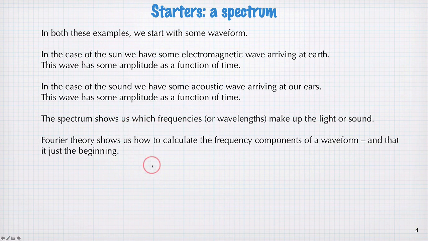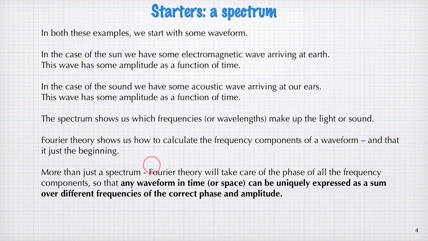So Fourier theory allows us to calculate such a spectrum, and that is really just the beginning. And as I mentioned, one thing is that the spectrum doesn't take into account the phase of all the different frequencies that go into our waveform. So much more than just the spectrum, Fourier theory will take care of the phase of all the different frequency components, and in general, this is, I hope, a succinct statement of what Fourier theory can do.